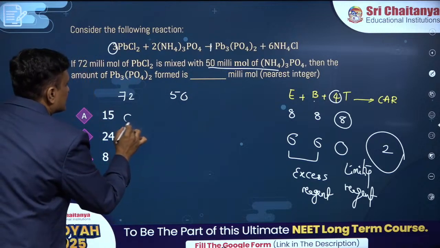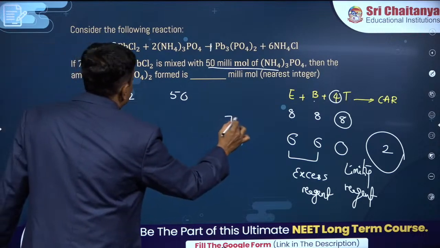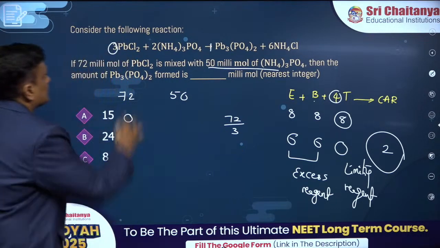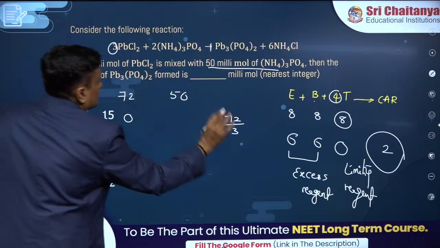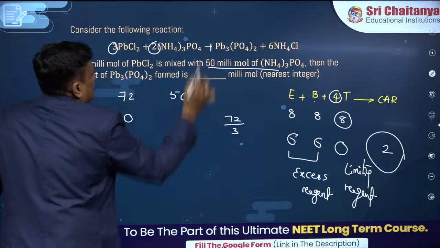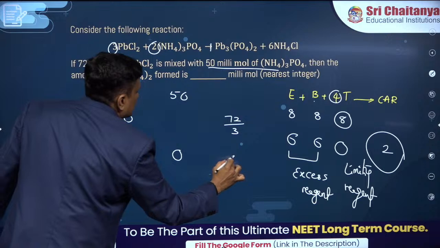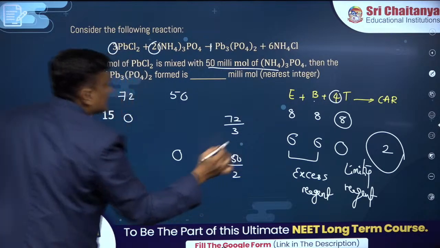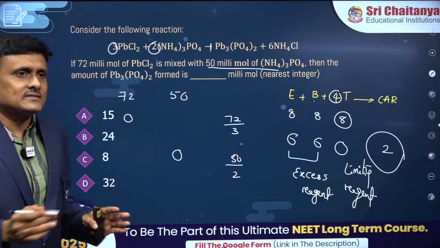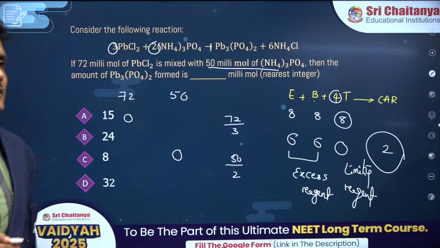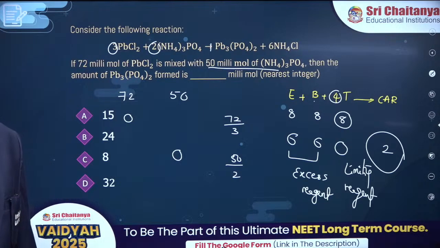If I take this as limiting reagent, I would be getting 72 by 3. If I take 2:1, it is 50 by 2 millimoles. Whichever is less is the answer. You tell me out of these two which one is less.